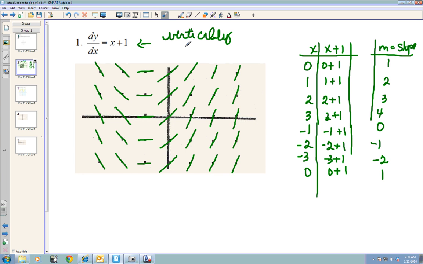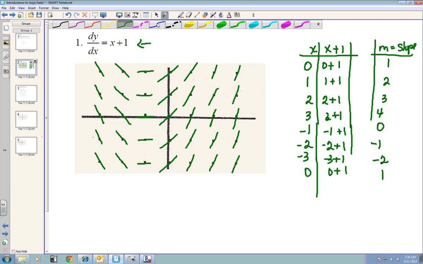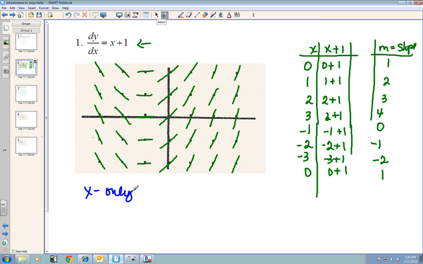That's supposed to say vertically. Good grief. Okay, so I'm in terms of x only. So you can write this down, x only. My vertical strips will be the same. Or parallel, however you want to write that.